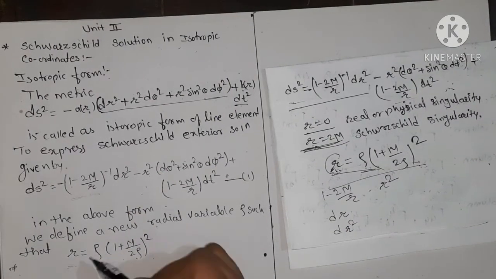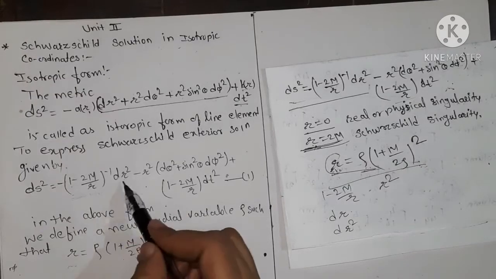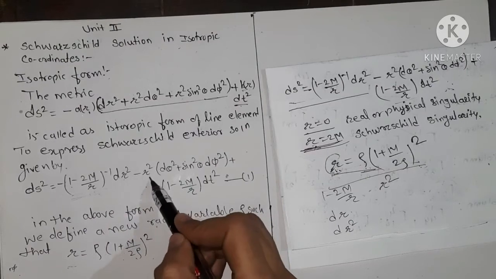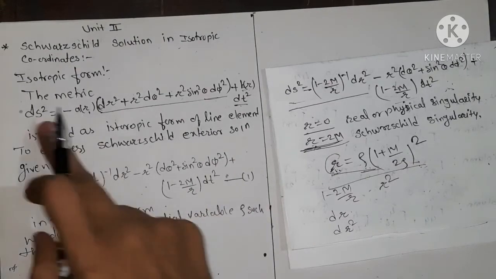Remembering this transformation, we calculate these values, taking the inverse of 1 - 2m/r, and we get the required form.